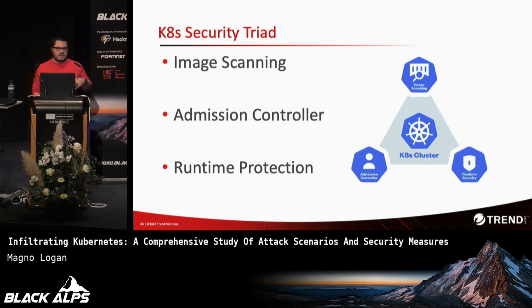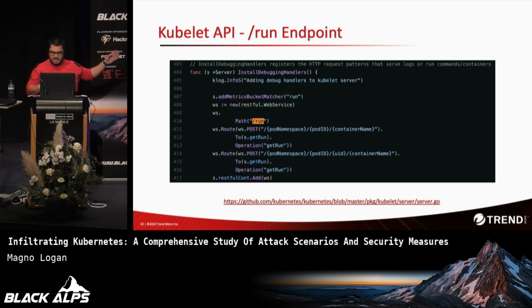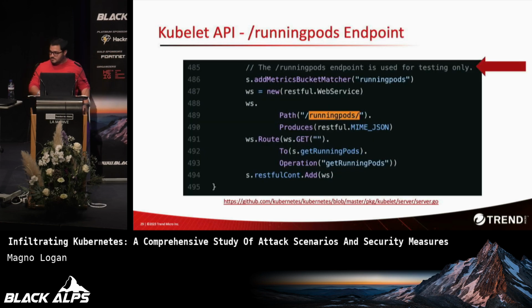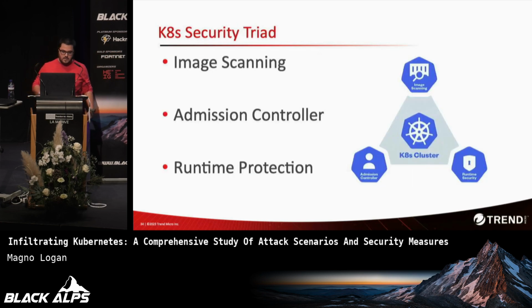And runtime protection is, okay, after you deploy your pods, after you deploy your containers, how do you know that they haven't been compromised? How do you know that this is not happening inside your cluster? Right? How do you detect that? So runtime protection is basically monitoring the runtime, making sure that there is no drift.